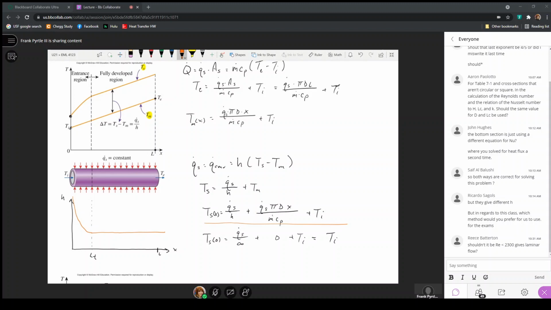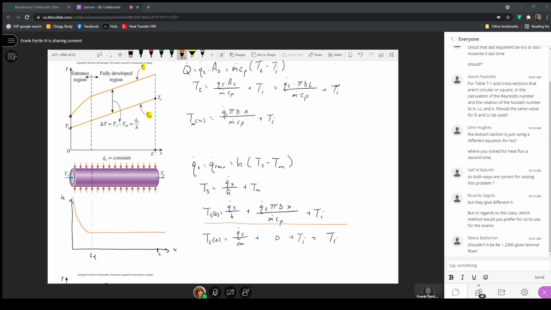So the surface temperature is going to increase because Tm is increasing, plus this expression of the heat flux divided by the heat transfer coefficient. And the heat transfer coefficient is decreasing as we move through the entry region. So the further we move in x, the higher this temperature is, and the higher this value becomes because H is actually decreasing.